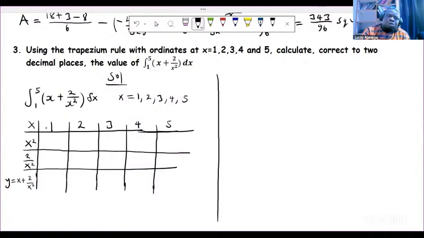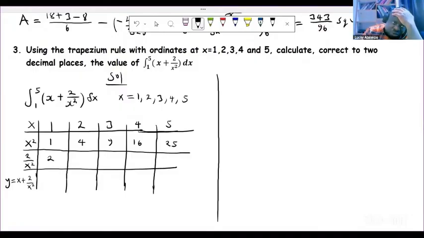So everywhere I see x, I'll square it. 1 squared is 1, 2 squared is 4, 3 squared is 9, 4 squared is 16, 5 squared is 25. So 2 over x squared. Since our x squared is 1 here, 2 over 1 is 2.